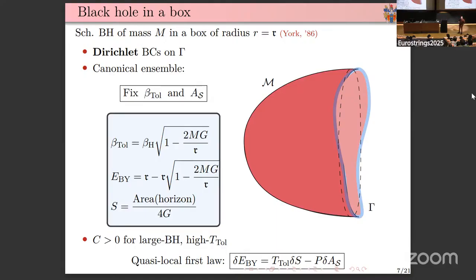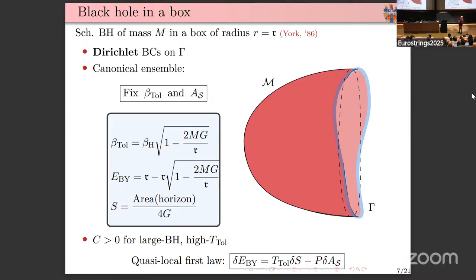Okay. Now, what York did is he assumed Dirichlet boundary conditions such that the metric induced on the boundary is fixed. And fixing these boundary conditions also fixes your thermodynamic data, which then specifies your thermal ensemble. So in particular, the canonical ensemble is where you fix the temperature relative to this finite boundary.